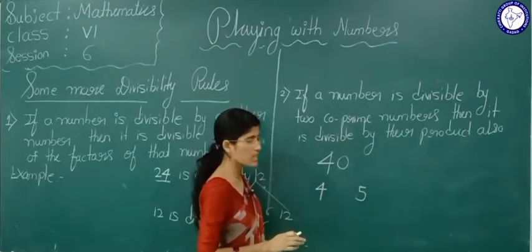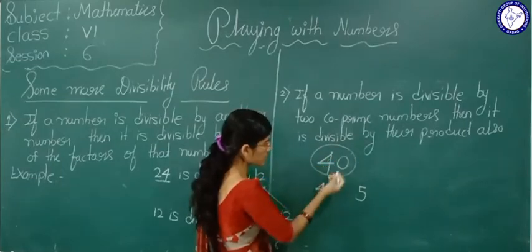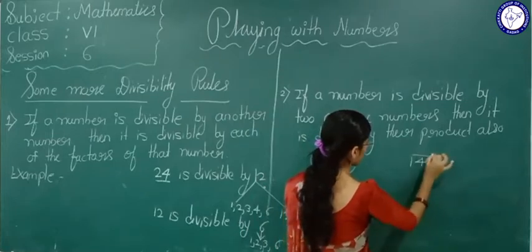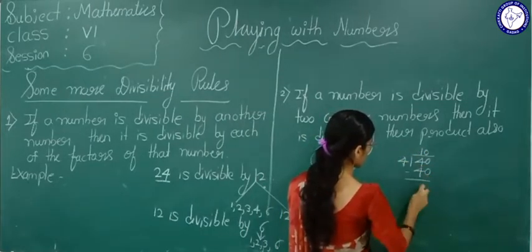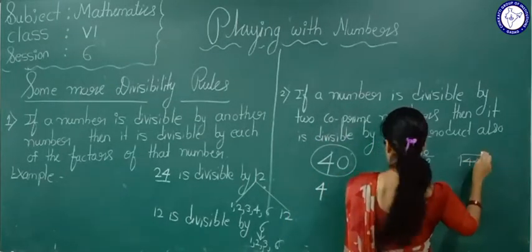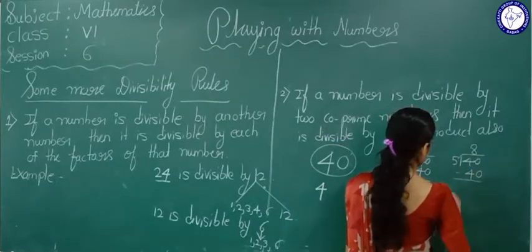Now what is this telling? This 40 is divisible by 4. Yes or no? 4 tens are 40. 40 minus 40 is 0. The same 40 is divisible by 5 also. 5 8s are 40, remainder 0.